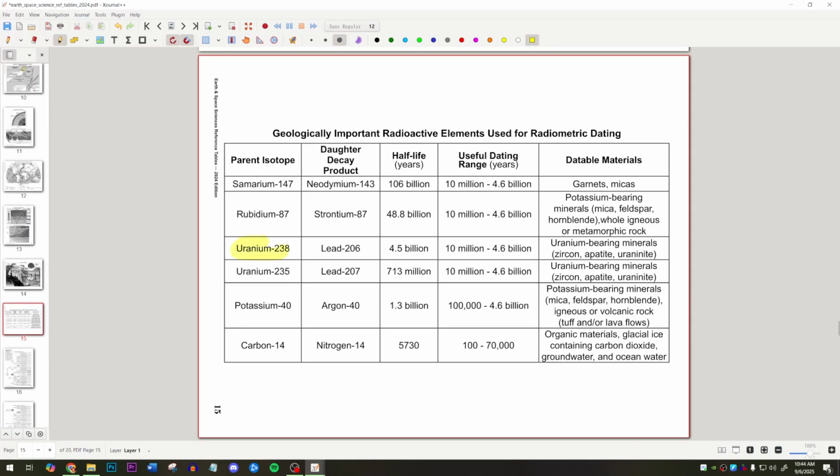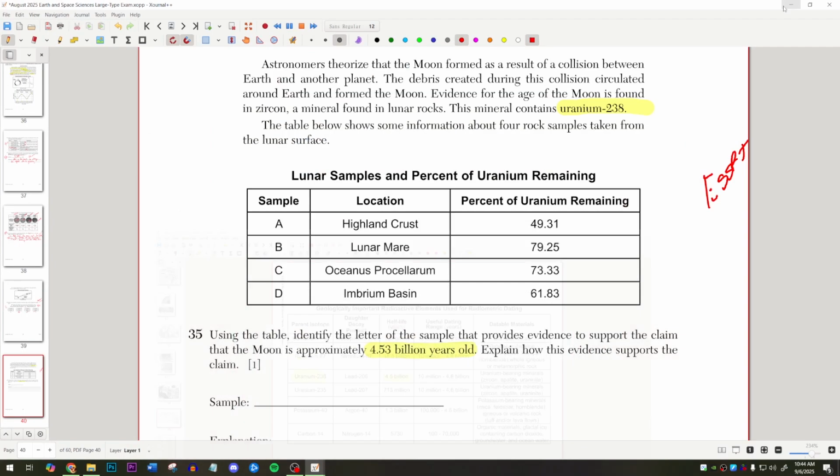And here's uranium-238, and the half-life is 4.5 billion years. So if it's 4.5 billion, there it is, right there, the moon is about that old. So identify the letter of the sample that provides evidence to support the claim. It's going to be this.